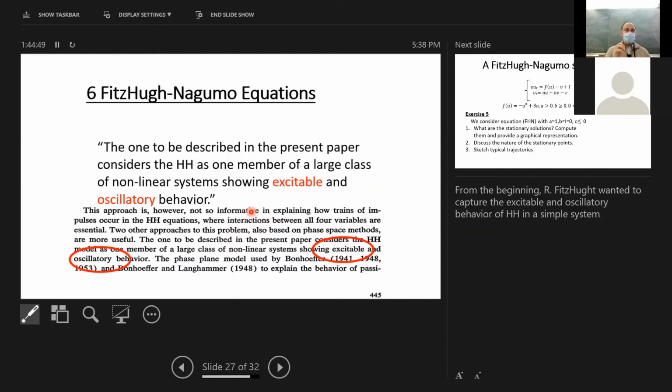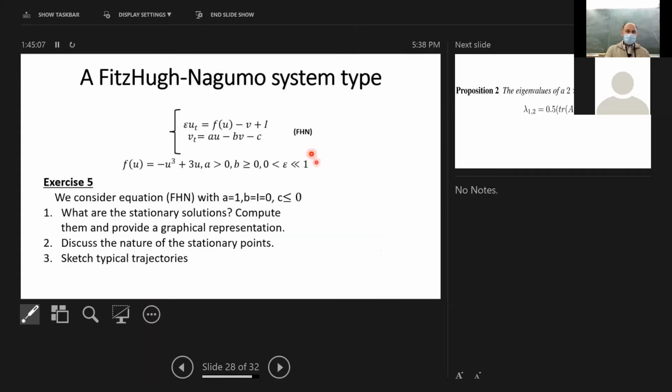That's 4 variables. Richard Fitzhugh was looking to a model with 2 variables, but which capture excitability and oscillatory behavior, all right? And so he came up with this kind of model, all right? It's not exactly the same, but you can look at the original paper if you want. You can find the original paper.